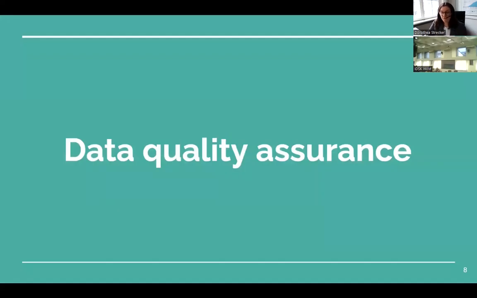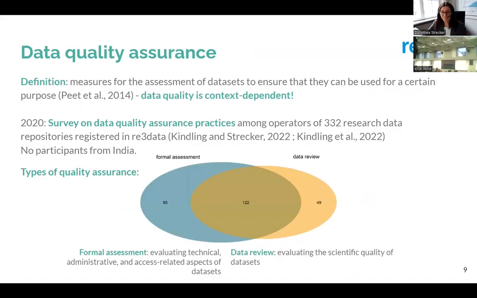Now I want to move on to the topic of data quality assurance. Data quality and data quality assurance are a bit difficult to define, and I can explain to you why. Basically, data quality assurance encompasses all measures that assess data sets and make sure that they can be used for a specific purpose.